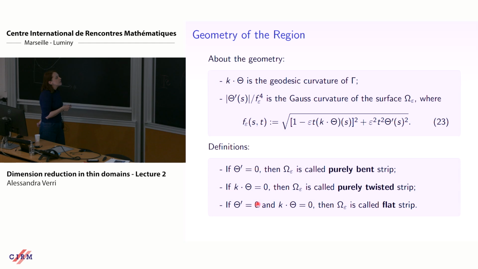And if theta prime and k_theta are both equal to 0, we have a flat strip.